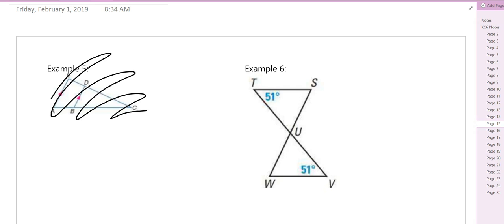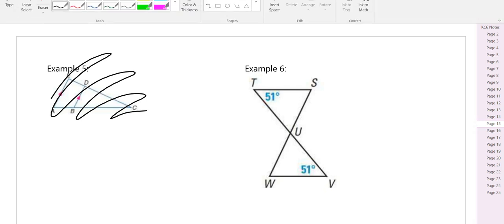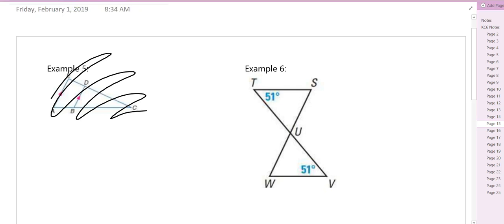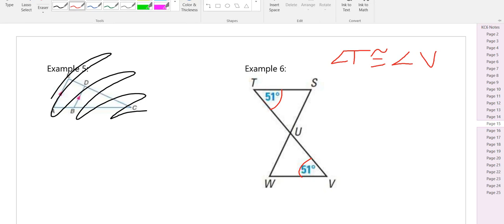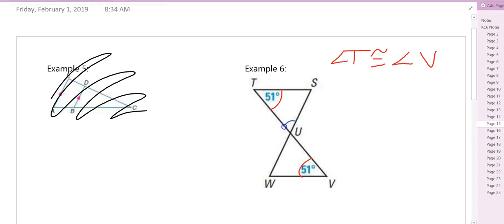I see one angle right off the bat that is already labeled for me at 51 degrees. So that gives me angle T and angle V. Angle T is congruent to angle V because both of them are labeled at 51 degrees. But I also have a pair of vertical angles. So these two angles are actually equal because they are vertical angles.